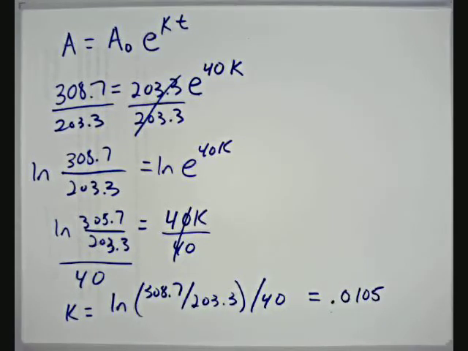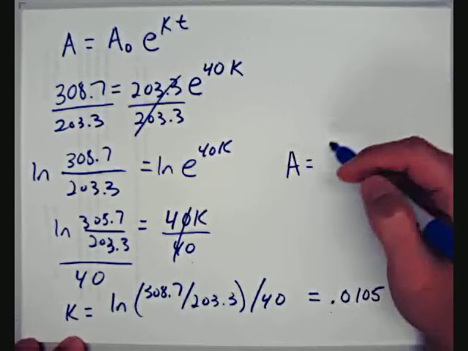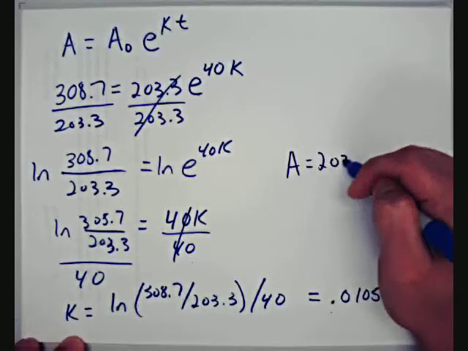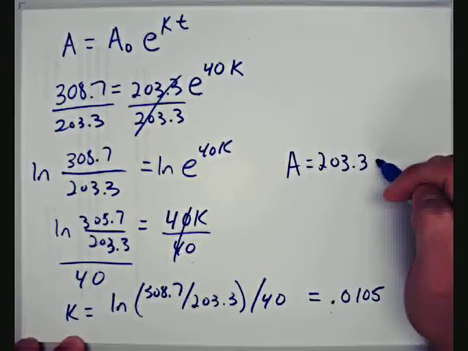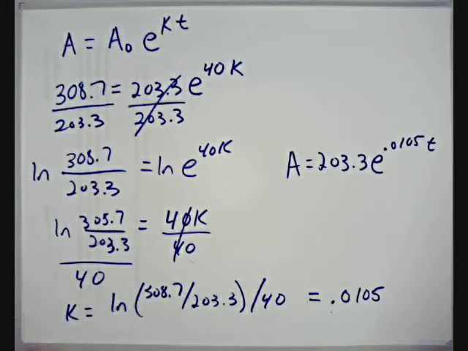And so your exponential growth function is A equals your starting amount, 203.3, e to the 0.0105t power. So there's your solution to part A.